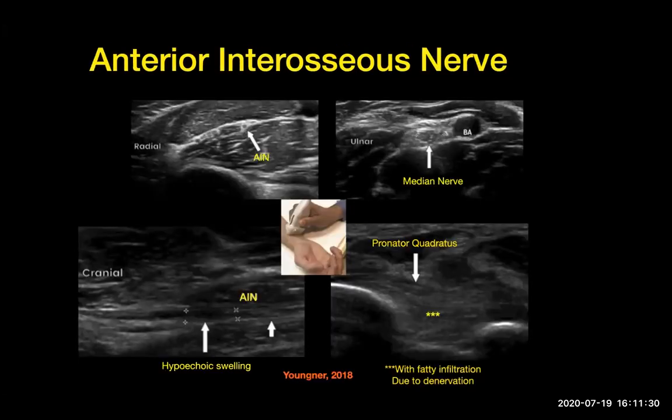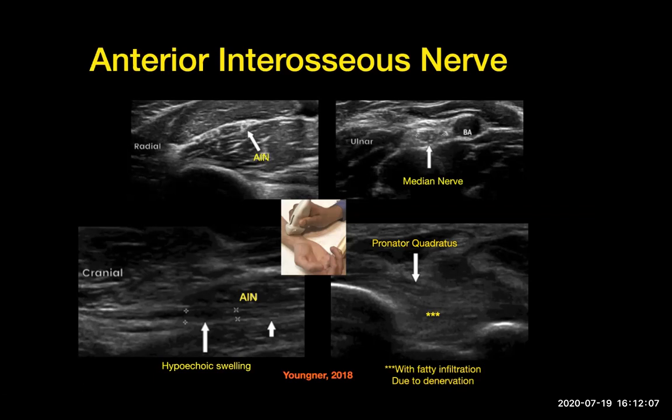After that, when the median nerve passes through the pronator teres, it gives off the anterior interosseous nerve, okay? The anterior interosseous nerve can be scanned in different areas. You can follow it as you move from the pronator teres down to the distal third of the forearm, and you can see the different patterns of the anterior interosseous nerve.